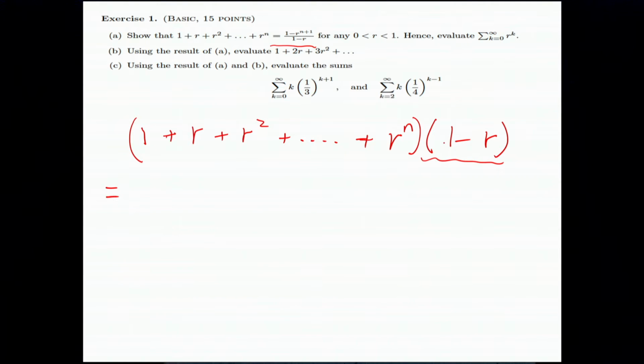Like 1 times 1 equals 1, and 1 times minus r is minus r. r times 1 is r, the ratio, minus r squared, and then plus r squared. Then finally we know this is 1 minus r to the n plus 1.